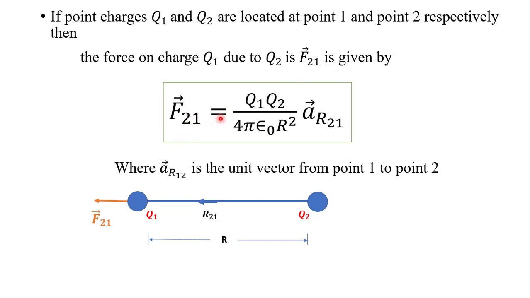F21 is equal to Q1 Q2 upon 4 pi epsilon naught R square into aR21, where aR21 is the unit vector from point 2 to point 1. You can observe this here. This is charge Q1, this is charge Q2. The distance between these two points is capital R, and you can observe this F21, that is the force on charge Q1 due to charge Q2.